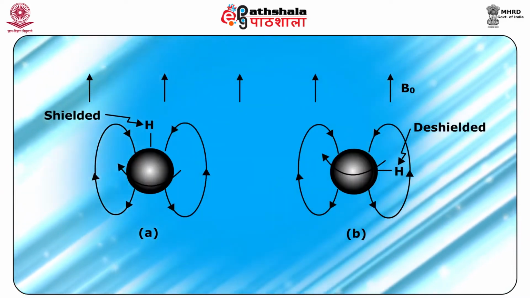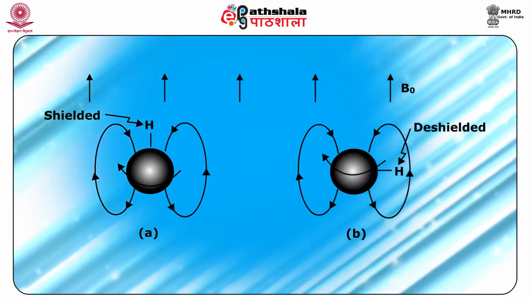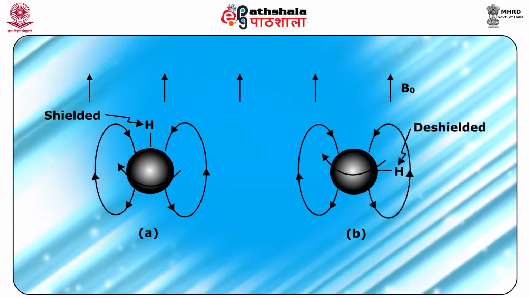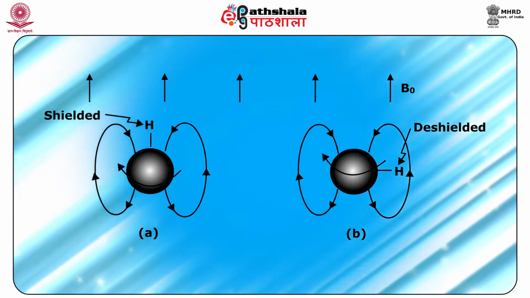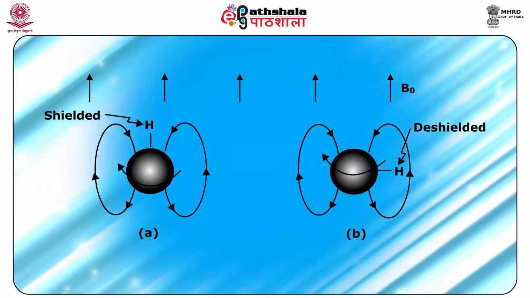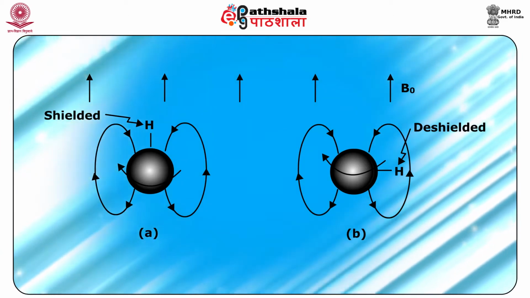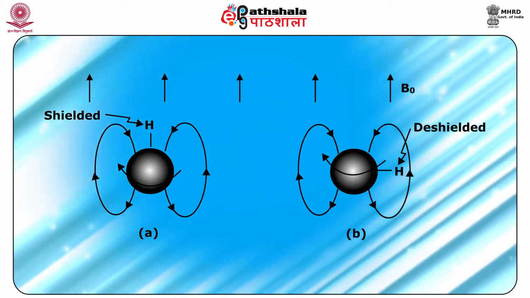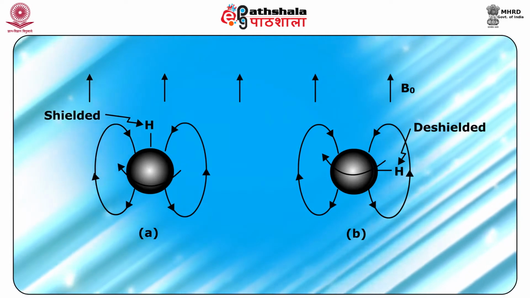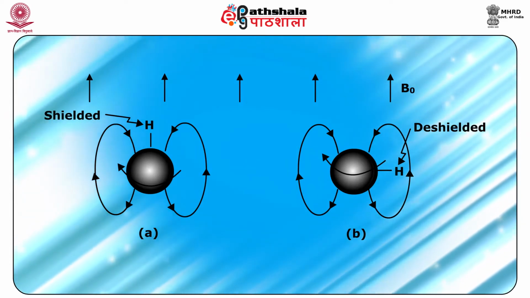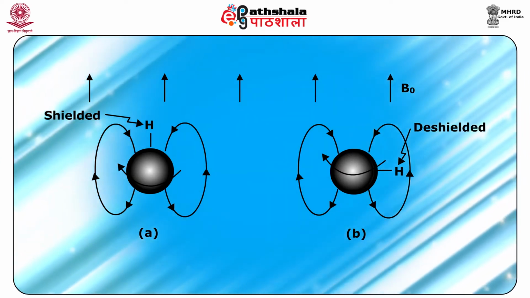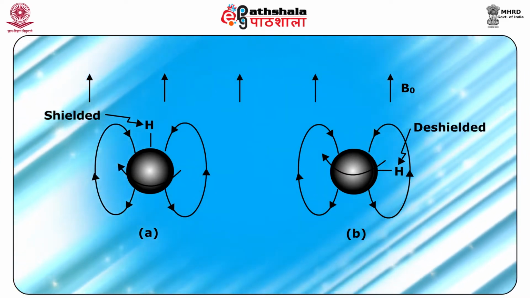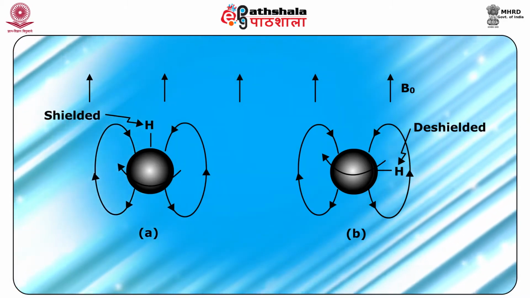If the induced magnetic field generated by an electron around the proton opposes the applied magnetic field, the nucleus in turn experiences a weaker magnetic field than the applied magnetic field, and the proton is said to be shielded. This type of shielding is called diamagnetic shielding. On the other hand, if the induced magnetic field reinforces the applied magnetic field, the proton experiences a higher field strength.